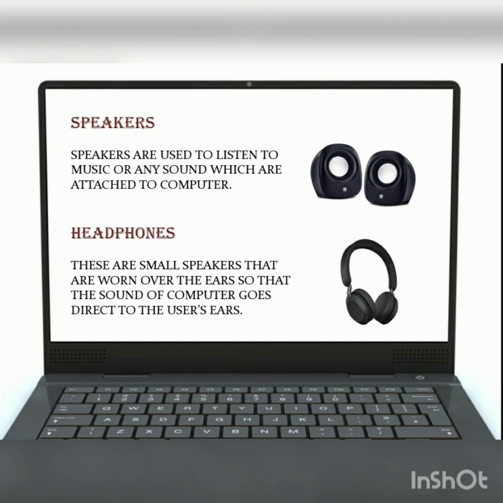When we want to listen to any music or sound, these are used. You can also see a headphone. Headphone is also a small speaker that is worn over the ears, so that the sound of the computer goes directly to the user's ears. These sounds are not heard by anyone else.